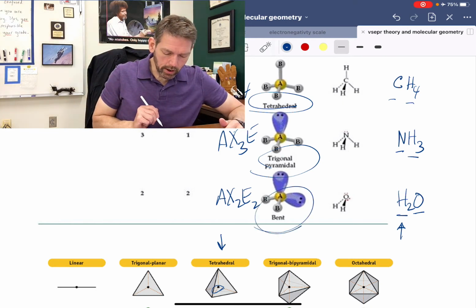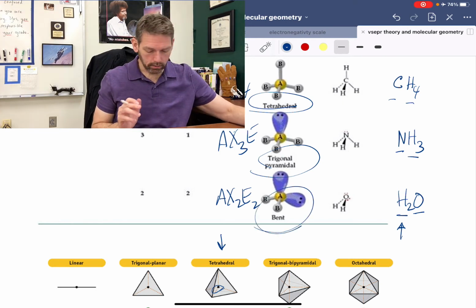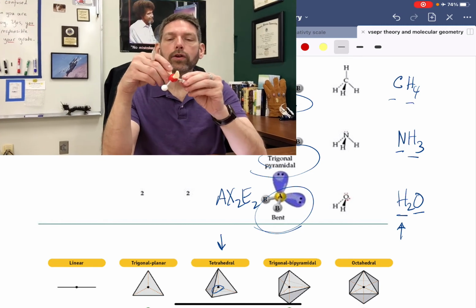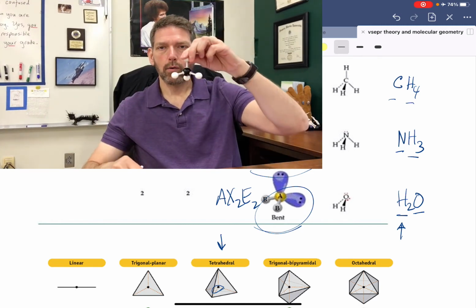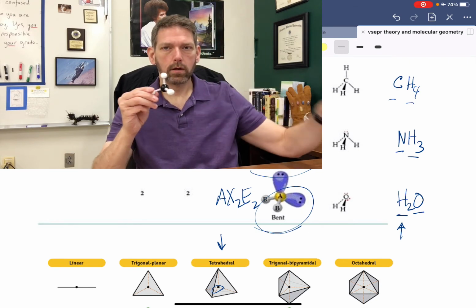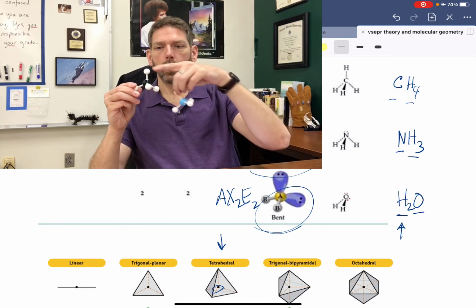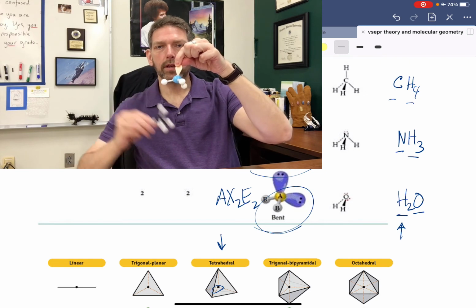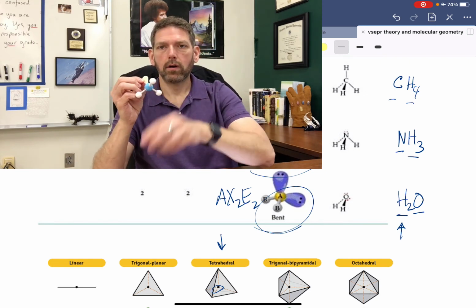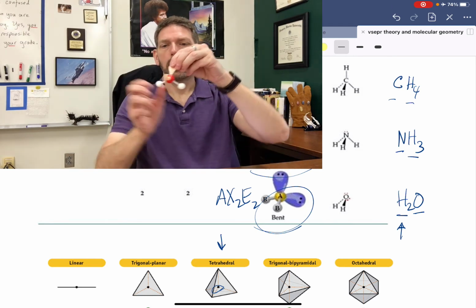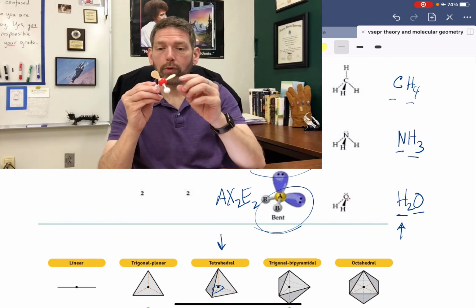Come down here to where we have our water molecule. And you can see what happens is we went from one atom being replaced to now 2 atoms being replaced with lone pairs.